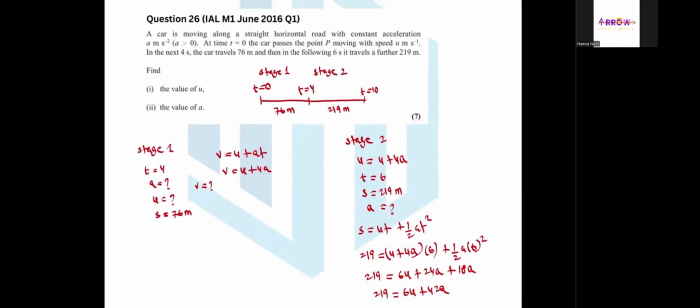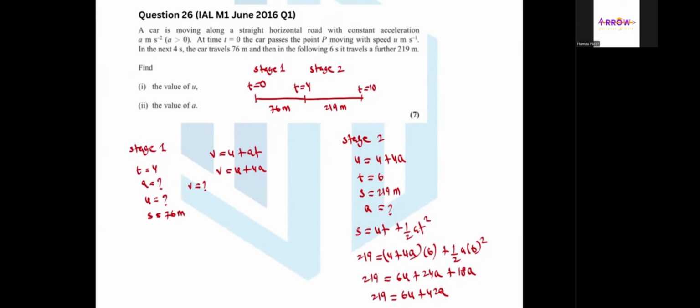Now I'm going to do the same thing for stage 1 as well, where I'll be obtaining another equation in which u and a are unknown. So I can use the same equation, s is equal to ut plus half at squared, for stage 1.